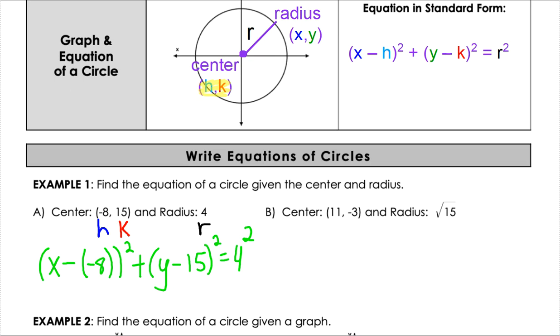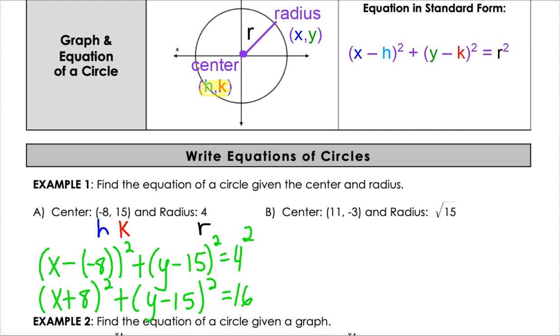So we just plug everything into its place and then simplify if we can. In this case, I can simplify minus a negative 8 to plus 8, and then simplify the 4 squared at the end to 16. That would be my equation of this circle with center at negative 8, 15 and a radius of 4 in standard form.